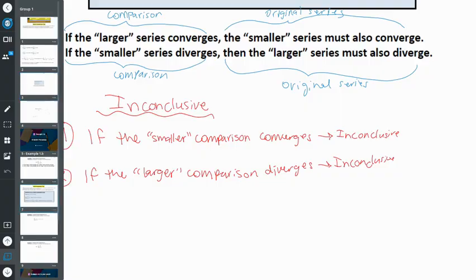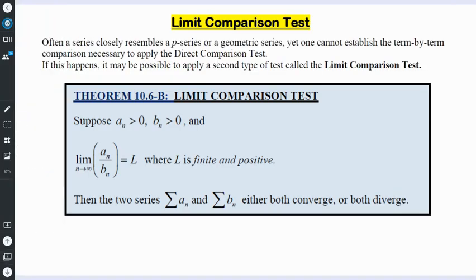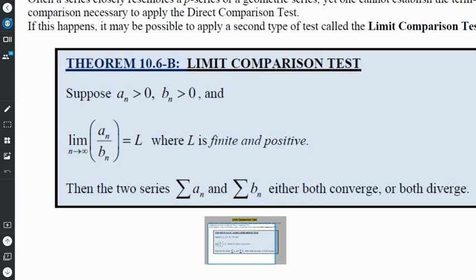So now let's do the limit comparison test, even though it falls under the same. The limit comparison test includes the comparison test, but this test works 100% of the time. We're still dealing with an original series and a comparison series. You still have to pick a series to compare it with.